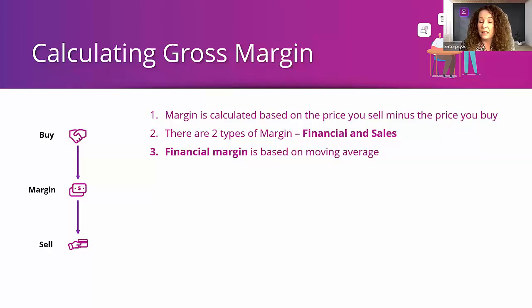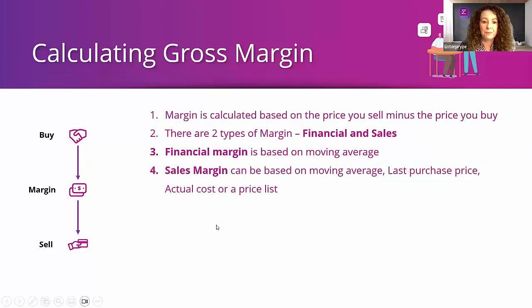Your quantity in stock is now 10, but you'll also have a moving average price: the value of 5 by 10, which is 50, plus 5 by 15, divided by 10, gives the moving average cost price. That's your financial margin, always moving based on the stock coming into the system.